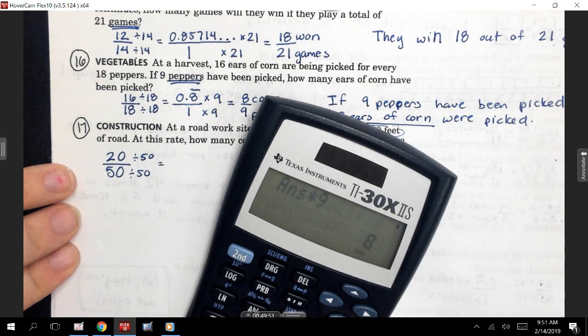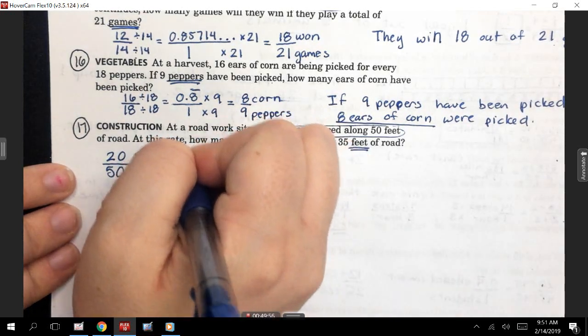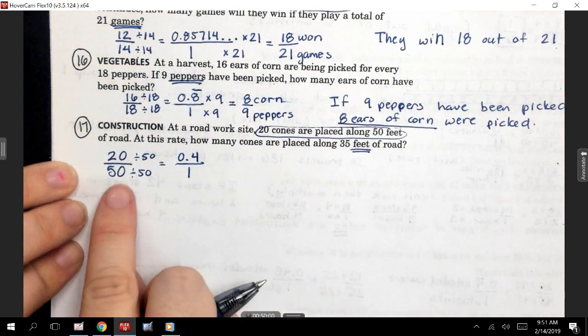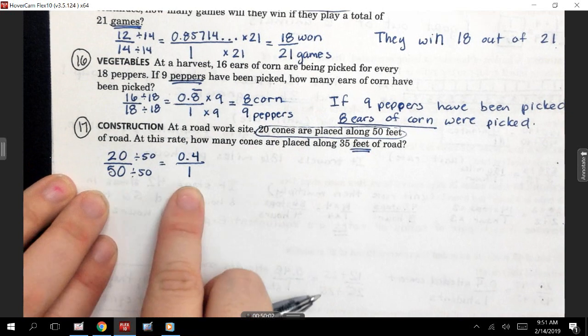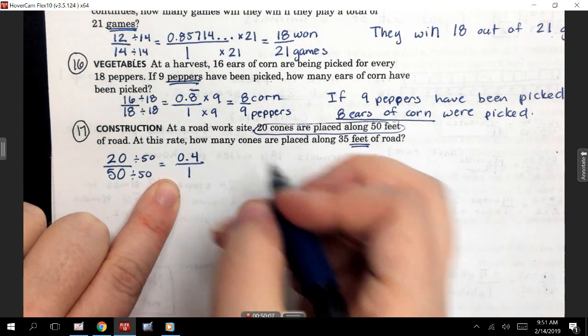So 20 divided by 50 gives me 0.4 over 50 divided by 50, which is 1. Remember, this was talking about my feet. I changed 50 feet to 1 foot. Now I want to change it to 35.